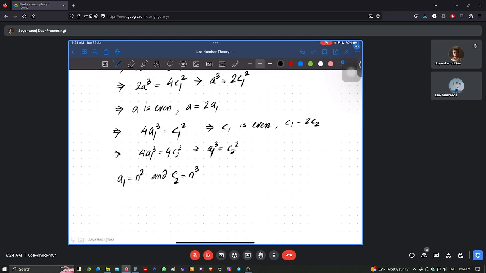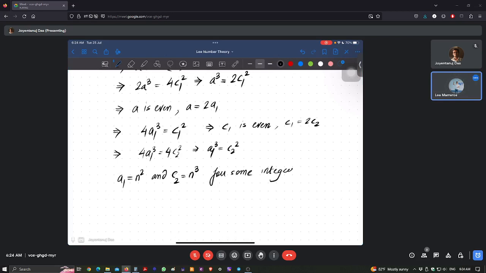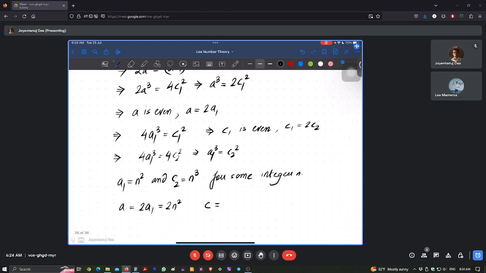If I have this, then only I have A1 cube equals C2 square, for some integer n, right? But what is our original A? A is nothing but 2A1, so it's 2n square, and C equals 2C1, but C1 I took as 2C2, so it is 4C2, right? And C2 I took as n cube, so 4n cube, right?